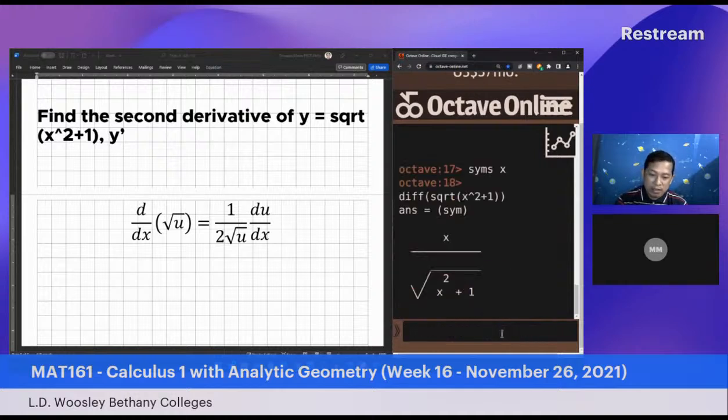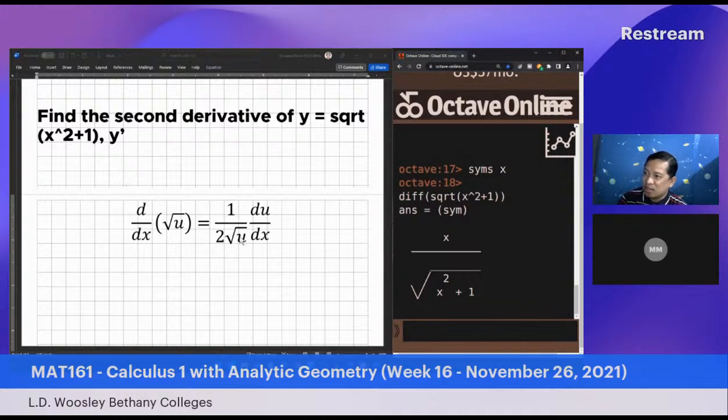Okay, that's the answer. x over square root of x squared plus 1. Bakit nagkaganon? Kasi yung du over dx mo, ano ba yung du over dx mo? 2x. Magka-cancel yung 2 doon sa 1/2. Ang maiiwan sa numerator, x. Gets mo, Micaela?